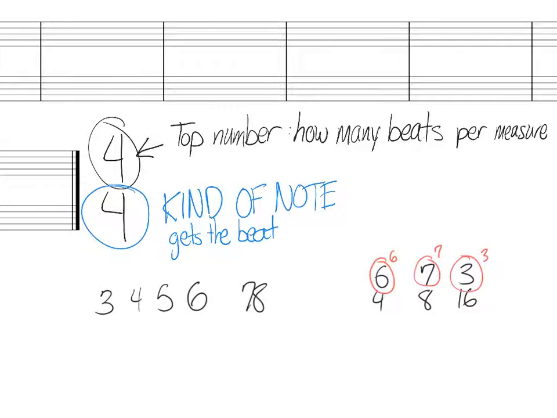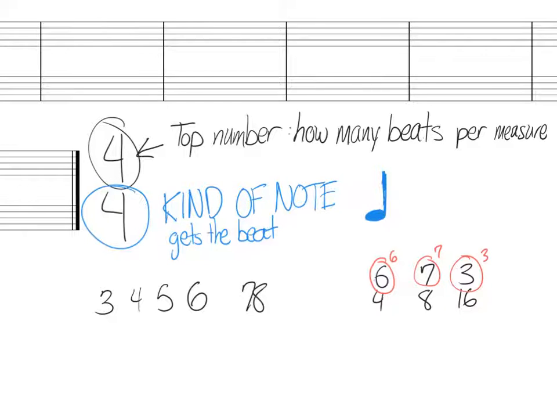And this is a part that we skip over a lot simply because usually we read music where there's a 4 as the bottom number or a quarter note is the beat. Now, that isn't always the case, and music is written in many different time signatures where it's not always the quarter note that is counted as one beat.